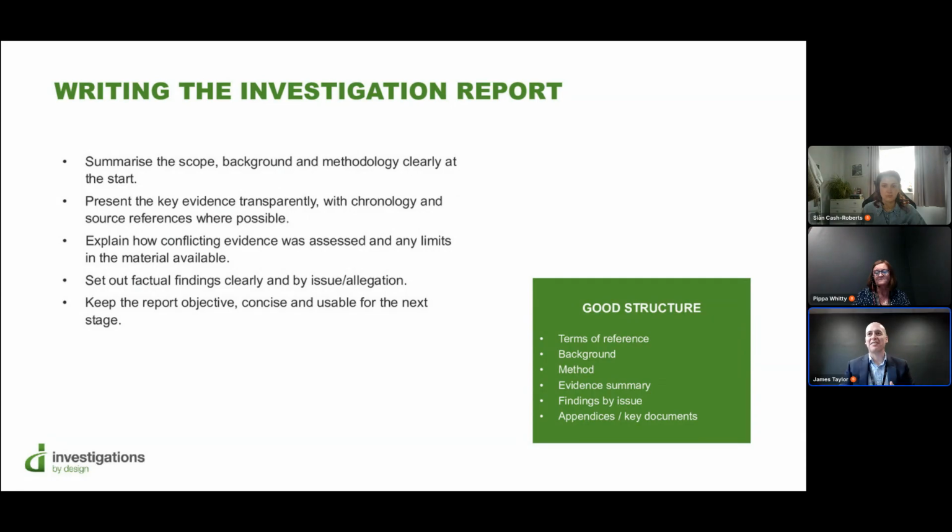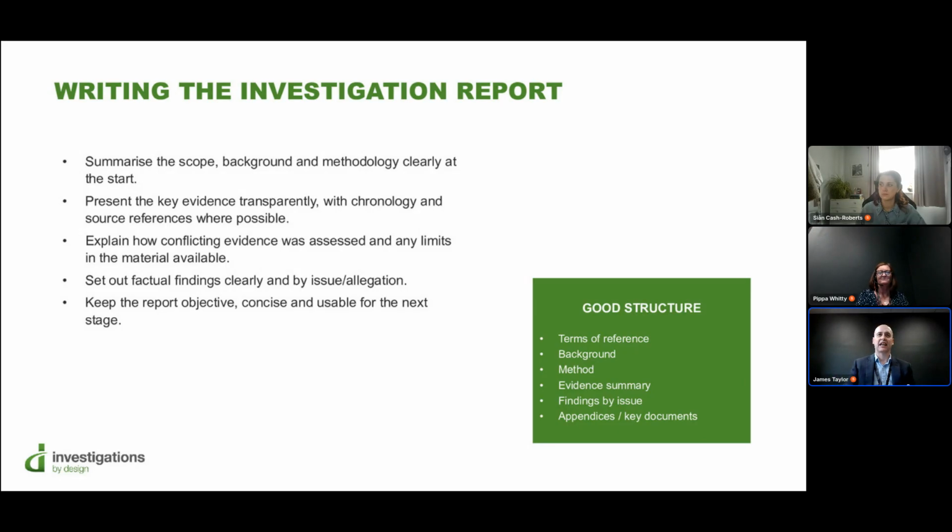Apologies. Writing an investigation report is arguably one of the more difficult tasks. It takes a lot of time, a lot of thought. In terms of where the report sits, it's where the investigator brings the evidence together in a clear, structured, objective way.